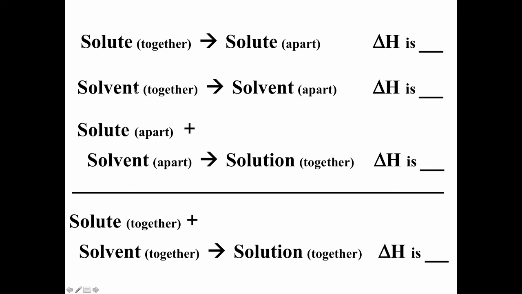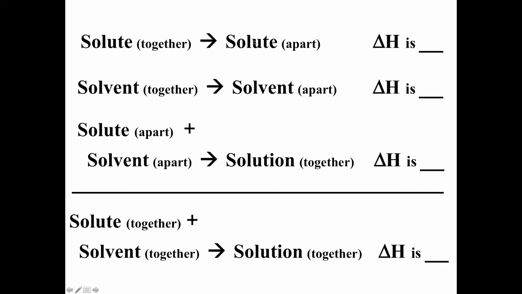And then the solvent, same thing, you have some molecules and they get pulled apart. And then those things get mixed together and then they come back together again. So we're imagining this is happening in three steps. It really doesn't happen in separate steps. It all happens all at once.